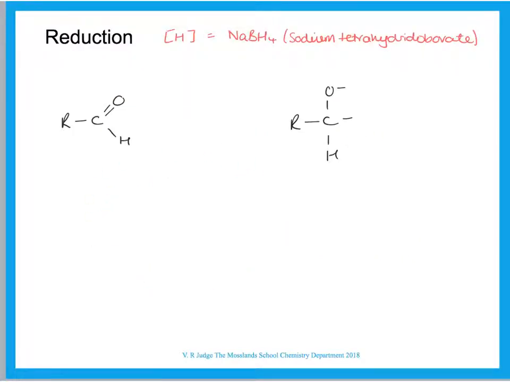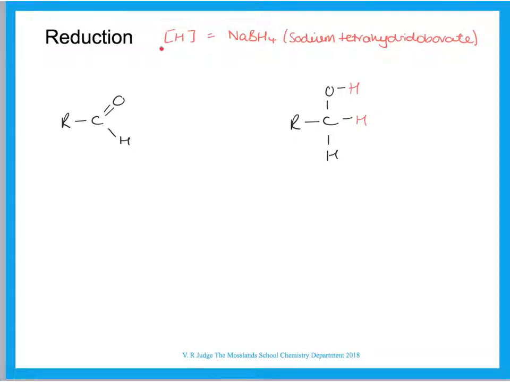So to write an equation for reduction of an aldehyde, if we have a little look on the left here, we've got the aldehyde that we're trying to reduce. We know we're going to turn it into an alcohol, so I've drawn the same atoms that we've got here, drawn out in the product, and you can see that to complete this, we're going to need 2 hydrogen atoms to produce the primary alcohol, which is the product. That means that in the reactant, we're going to need 2 hydrogen atoms.